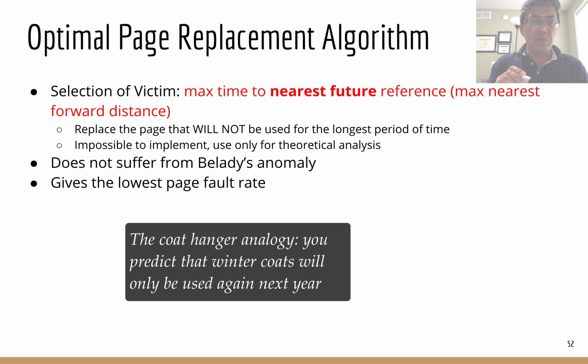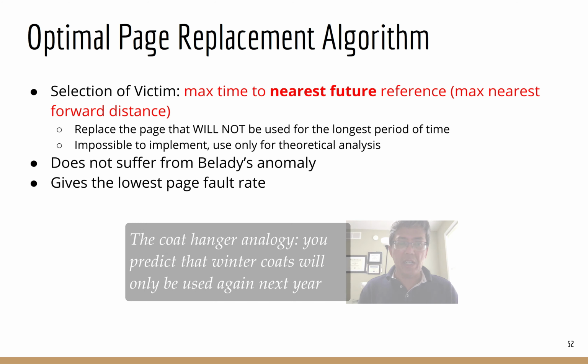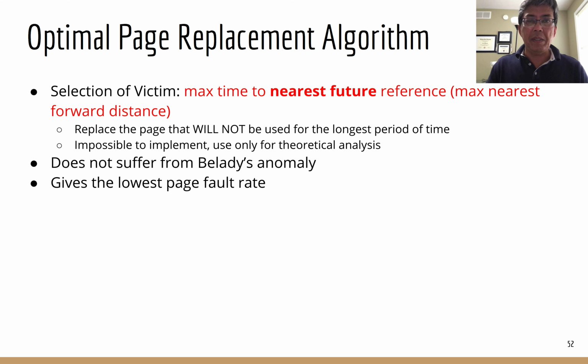When there's a page fault, the algorithm will look into future references of the current resident pages, and among the currently resident pages, it will search for the one that has the highest time to the nearest future. And because it is optimal, it should give you the lowest page faults.